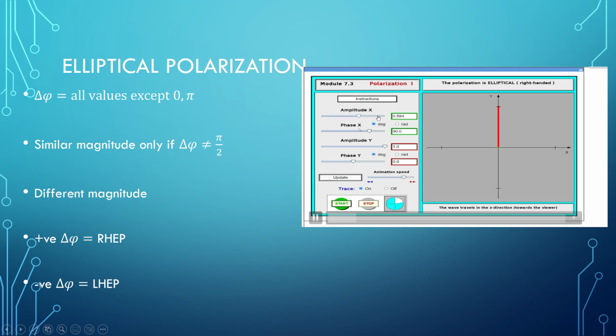So this is the other case. When we have 90 degrees, we should have different amplitudes or magnitudes for X and for Y. As you can see here, when we set X to 0.5, we got an elliptical shape, and the same rule applies for the left hand and right hand elliptical polarization.